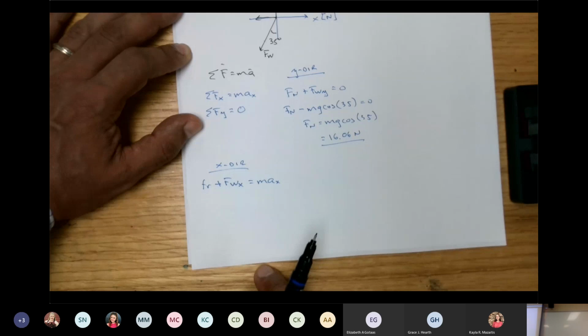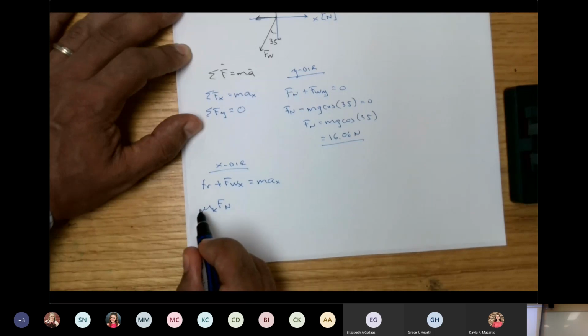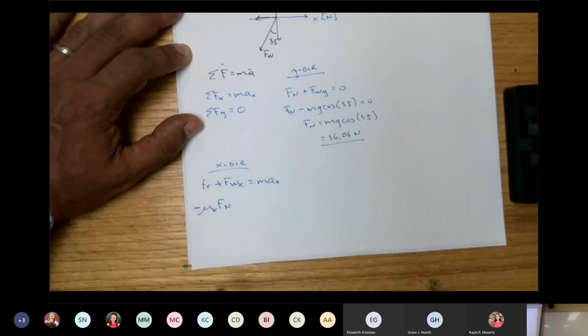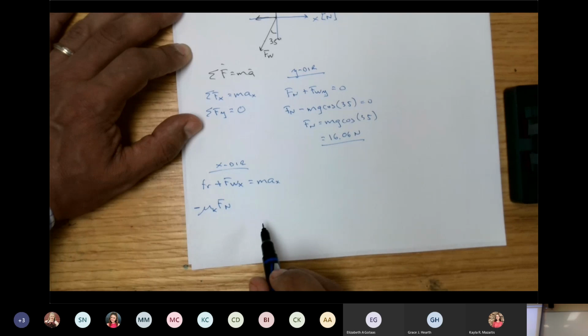So you'll do the 0.5, mu. Now this is going to be negative. What else? How can I calculate the x component of the weight? Yep.